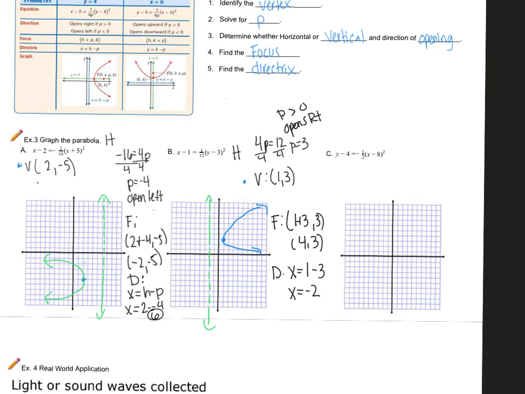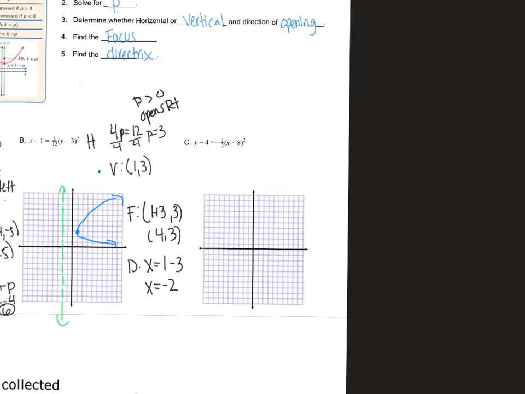Okay. Last guy, so this is definitely a vertical, and we know that because the y comes first. Be careful with your vertex. Remember that your h value is always with your x, your y value is always with your y for your vertex.